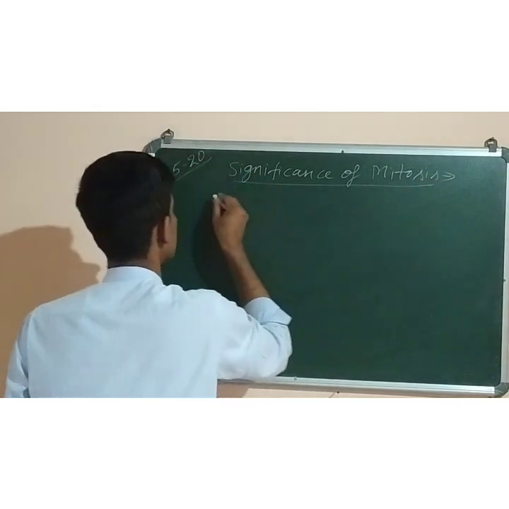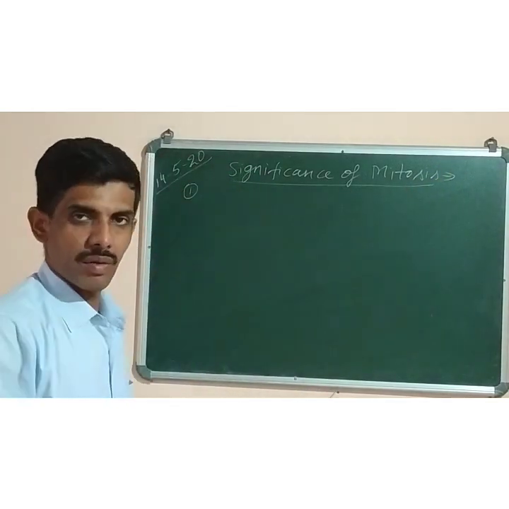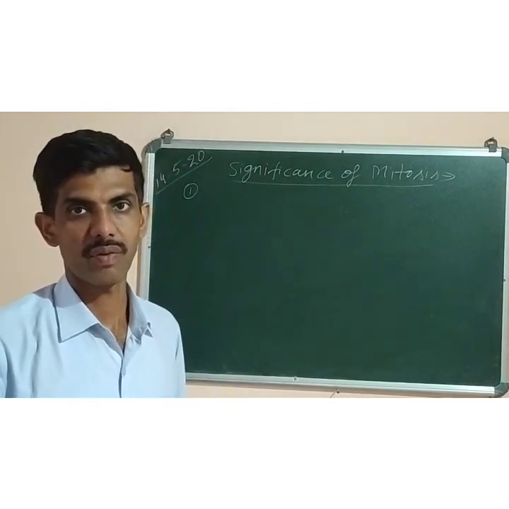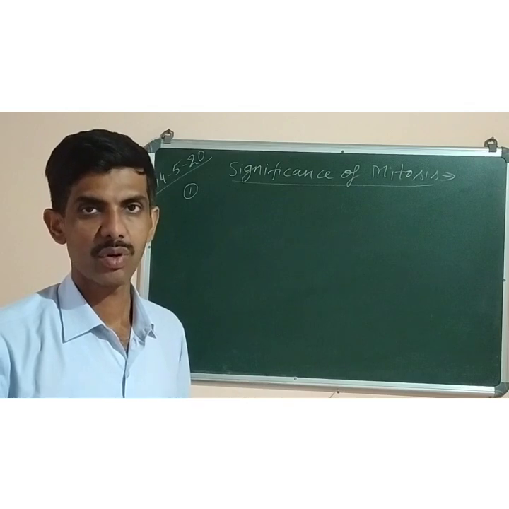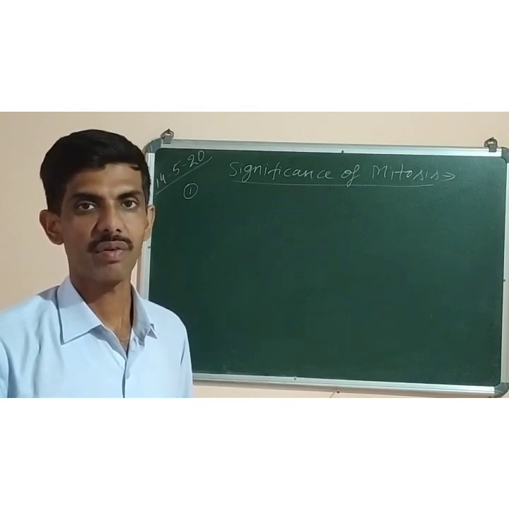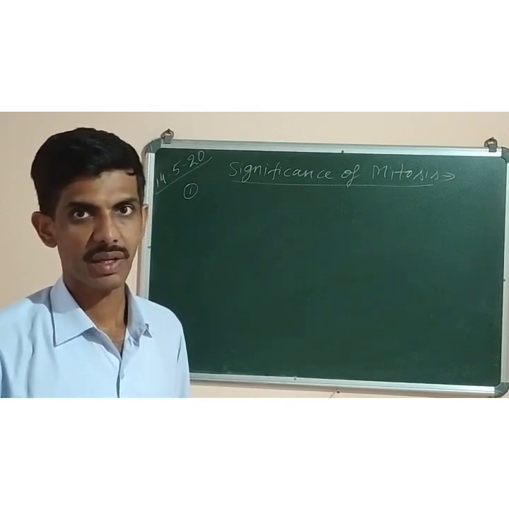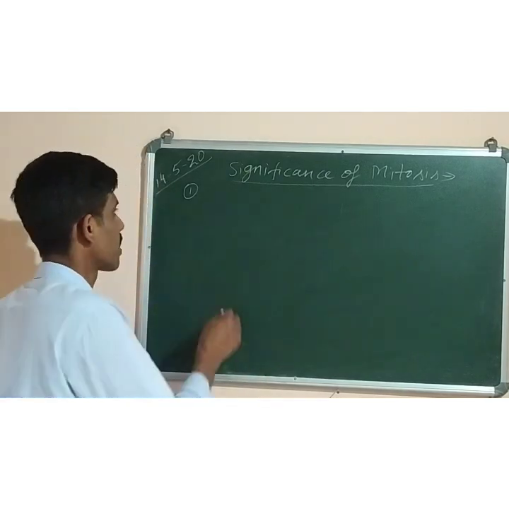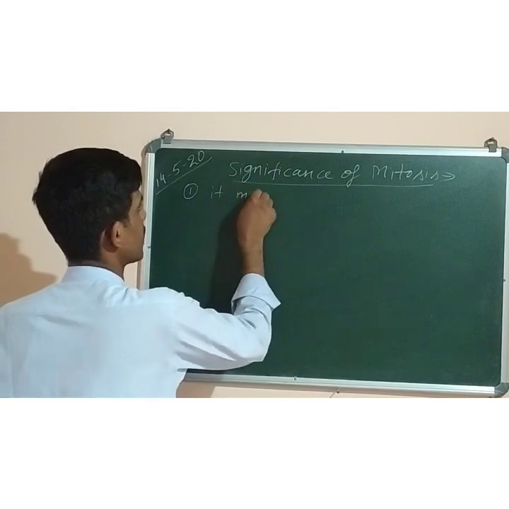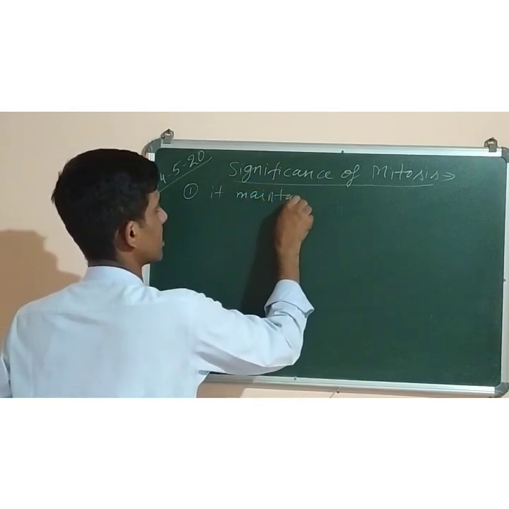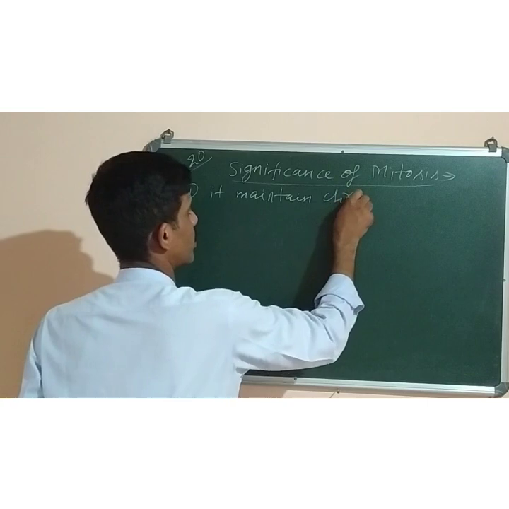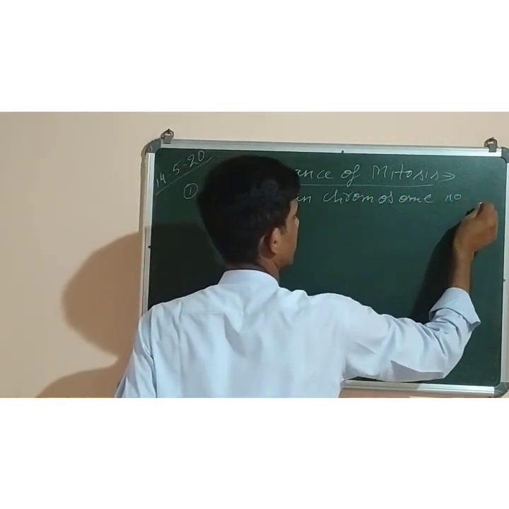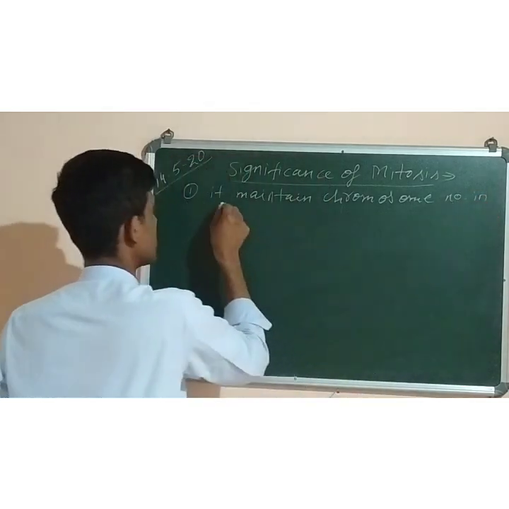Okay, first point. Mitosis cell division results in the formation of two daughter cells with the same number of chromosomes. So we can write, it maintains the chromosome number in the individuals.